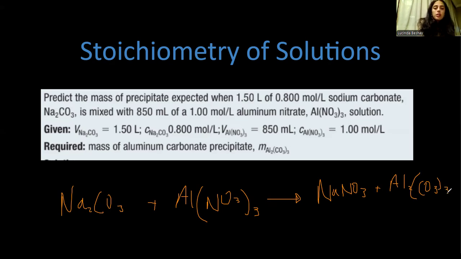Now this question gave me the volume and the concentration of each of the reactants. Now the deal is, I know you guys are really gonna hate this, but I want to figure out which one of those is the limiting reagent. How do I know that? I multiply.